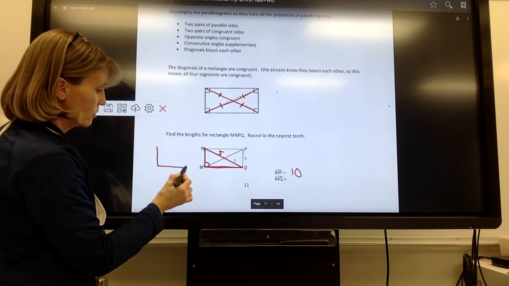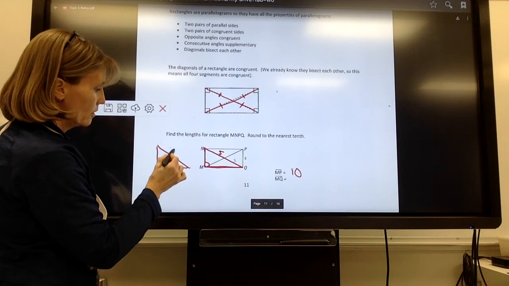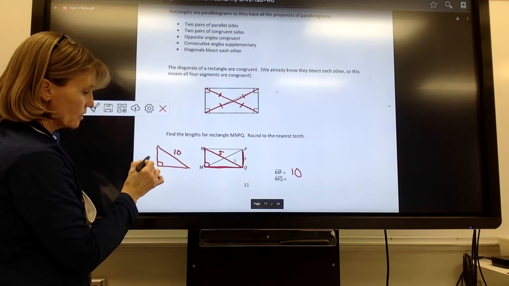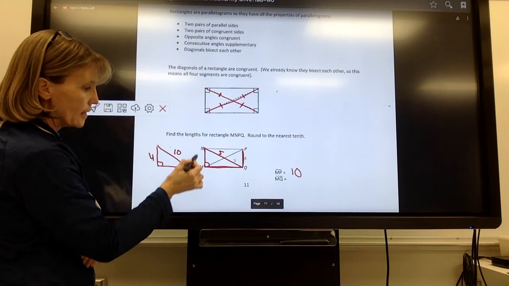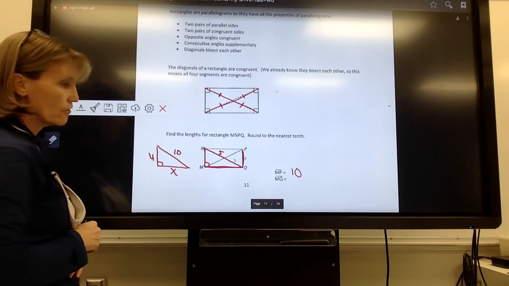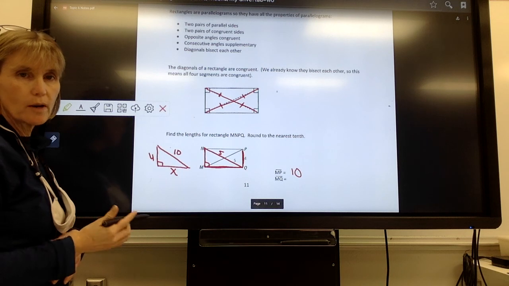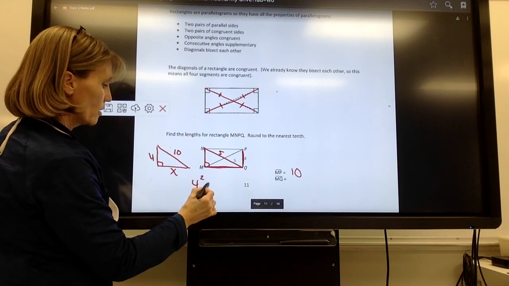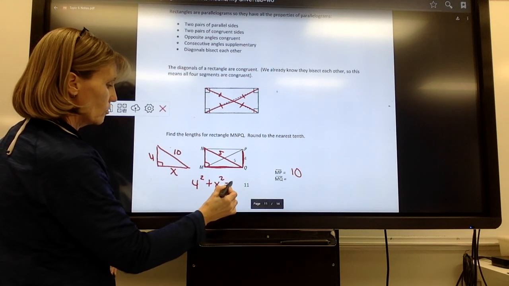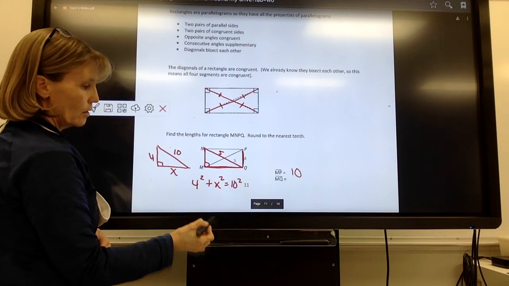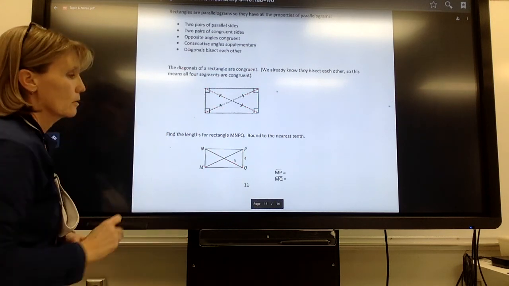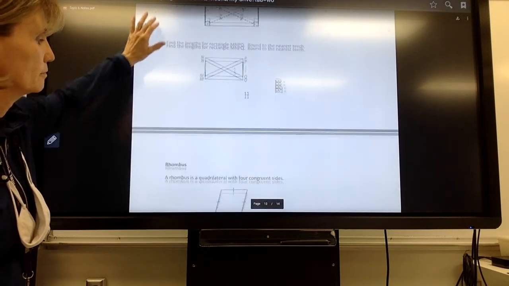I pull that triangle out of here. This would be 10. This distance over here from P to Q is 4, so this distance from N to M is 4, and I'm having to find MQ. So we would have to use the Pythagorean theorem. We would say 4 squared plus x squared equals 10 squared, and then we would work that out from there. There's not going to be a lot of questions like that.